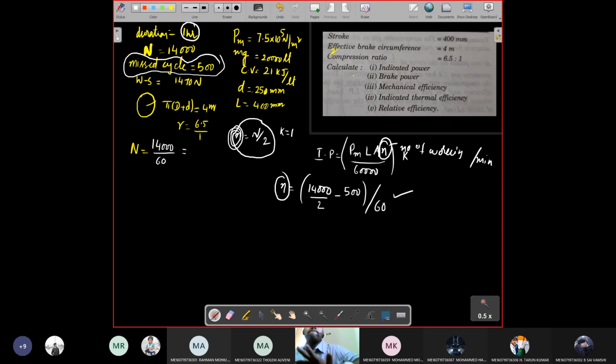Capital N equal to 14,000 by 60, on the left side.